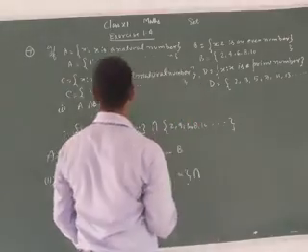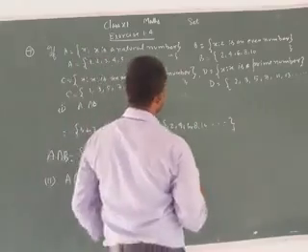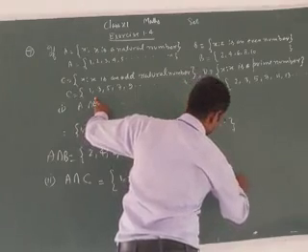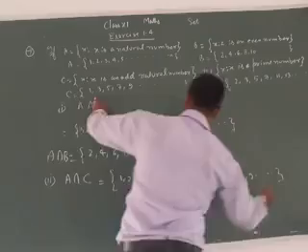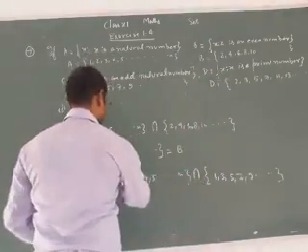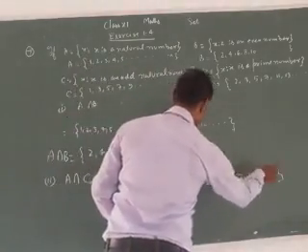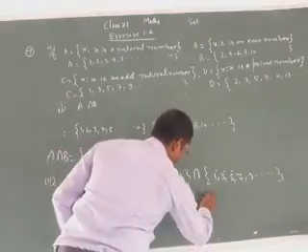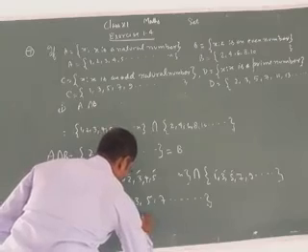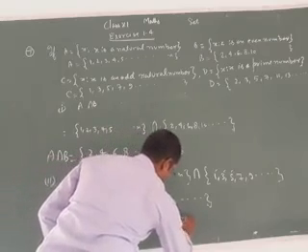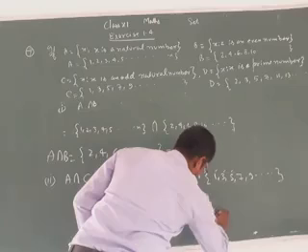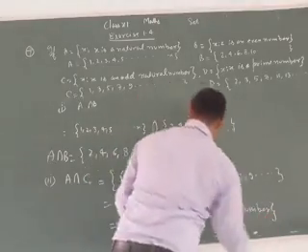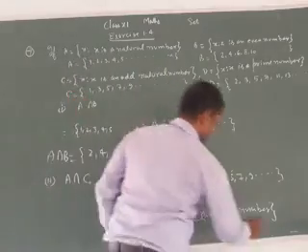And C is 1, 3, 5, 7, 9, and so on. The common elements of both sets are 1, 3, 5, 7, and so on. So the elements are x such that x is an odd natural number, so this is the set C.